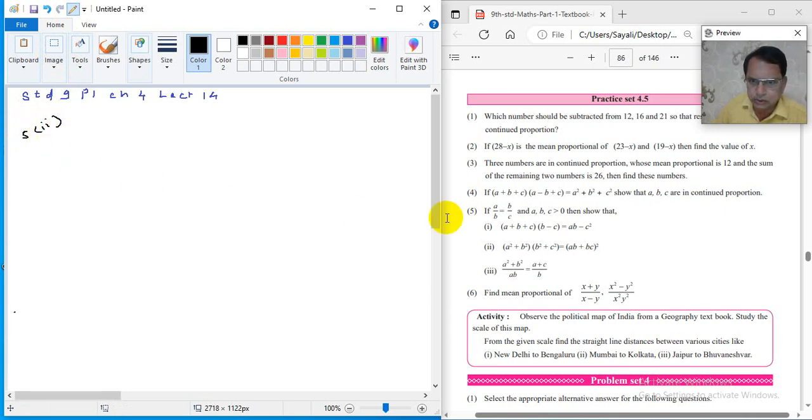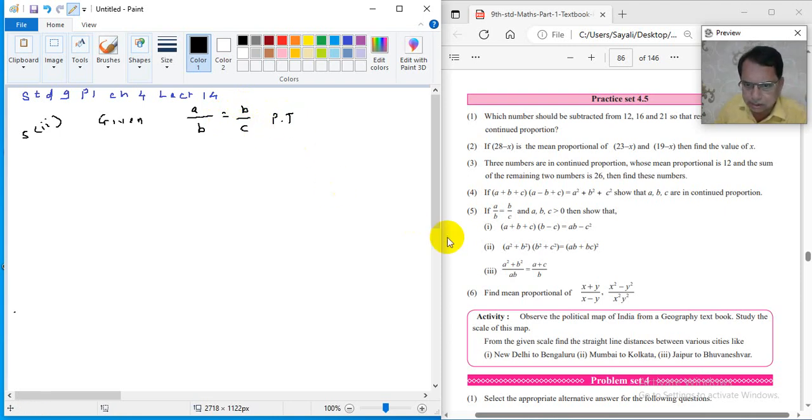See what is given to you, that A upon B is equal to B upon C. Given, what is given? A upon B is equal to B upon C. And what is to be proved?